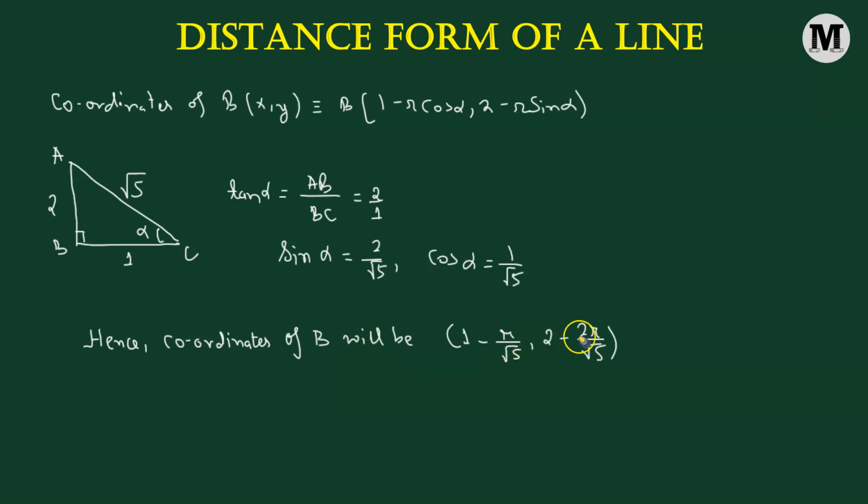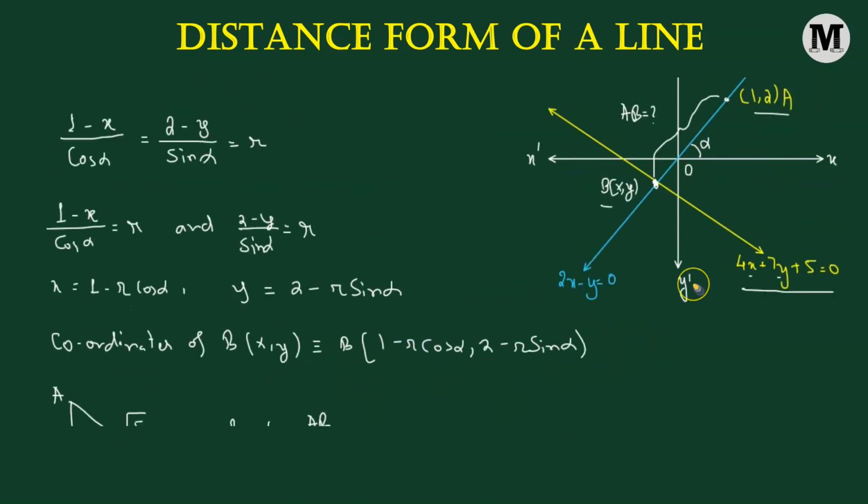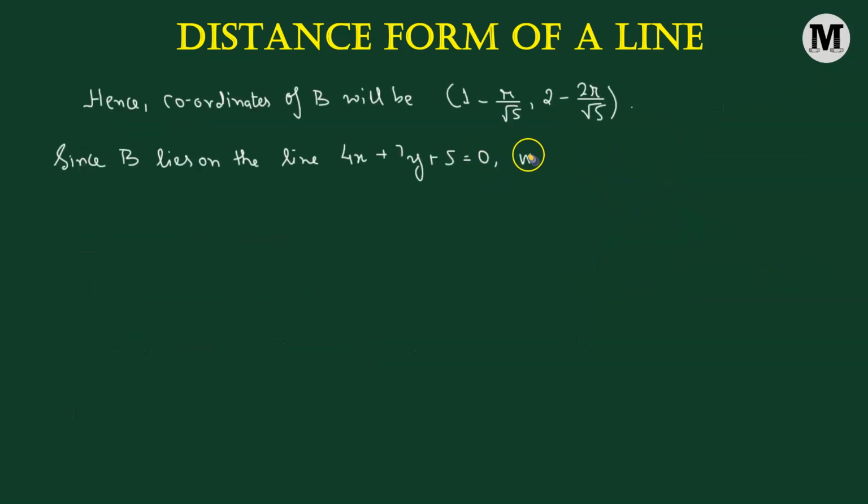Okay, now why did we convert the coordinates of B to its parametric form? Because B lies on the line 4x plus 7y plus 5 equals 0, which means it must satisfy the equation of the line. So we have 4 times x, and in place of x we can substitute 1 minus r over square root of 5, added to 7 times y, where y is 2 minus 2r over square root of 5, added to 5 equals 0.